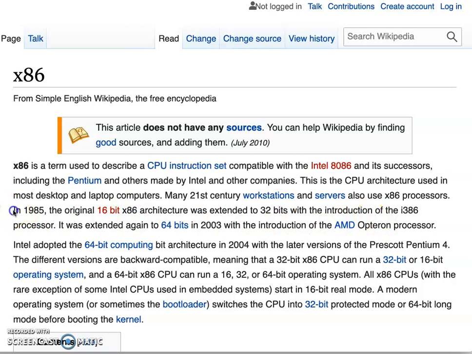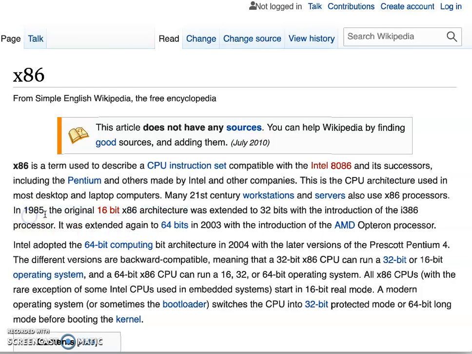The longest time is from 1985, even when we just used the 16-bit environment, that was x86. And now no matter whether you use a Windows computer or a Mac computer, you may be using an Intel CPU or AMD CPU. That is all included in x86.